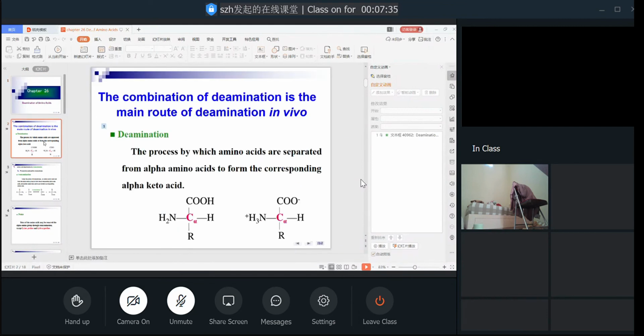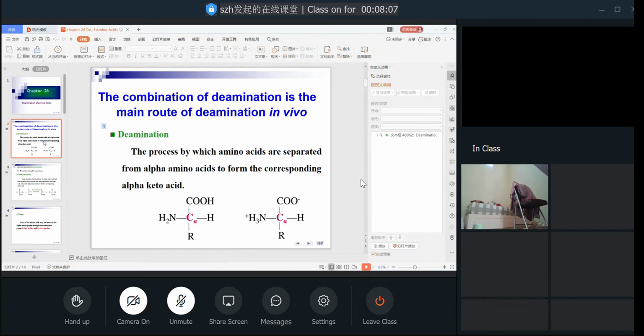And here, my students, remember the combined deamination is the main pathway for deamination in vivo, in the body. What is deamination? It is the process by which the amino group is separated from the alpha amino acid to form the corresponding alpha ketone acid.